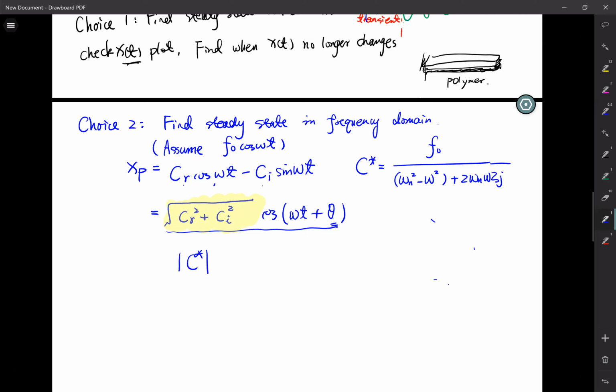And then let's look at how the theta looks. Your tangent theta should equal CI over CR. And in order to find your theta angle, you just need to find the angle of your complex number C star.